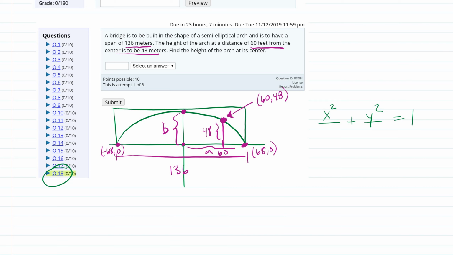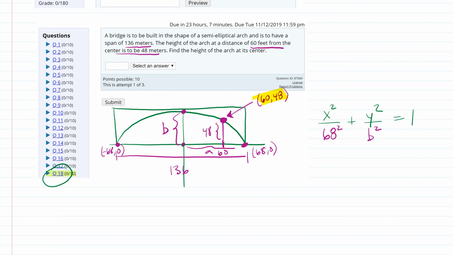So this number for x squared is 68 squared, which is a pretty big number. We don't know what b squared is. Now this point here, 60, 48, is the only other piece of information that we're given.